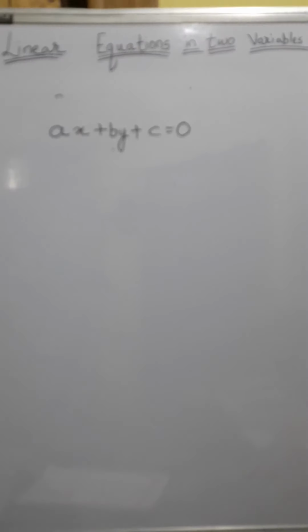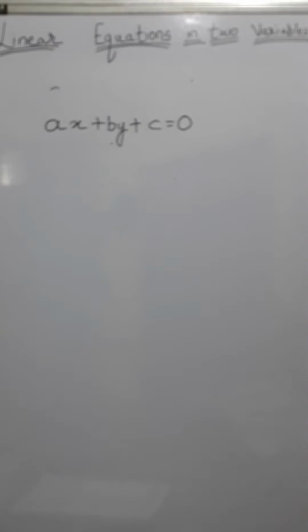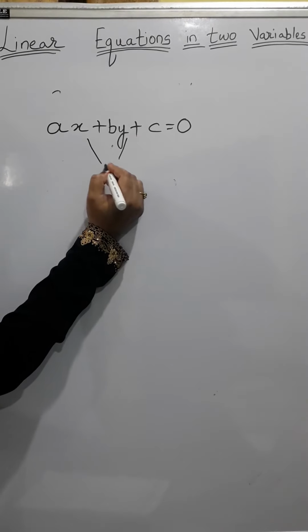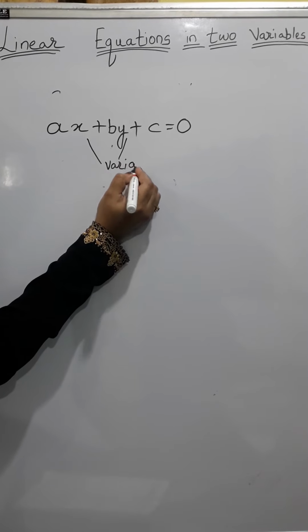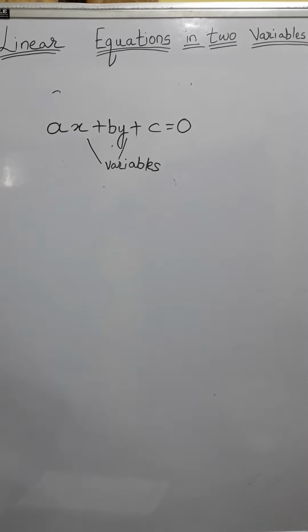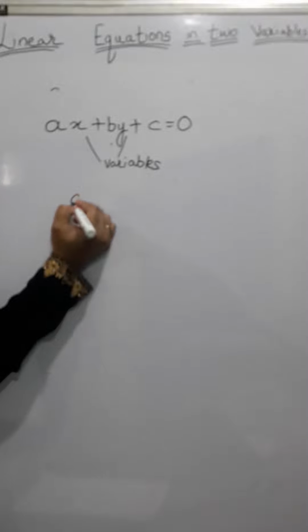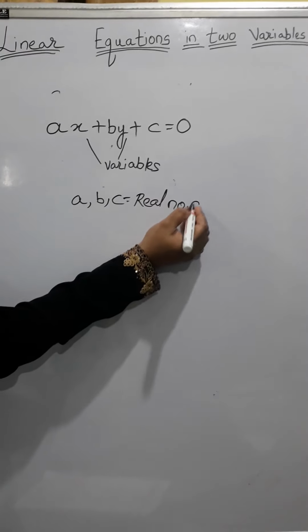This can be called an equation in two variables. Why? We have got two variables here, that is x and y, where a, b, c are real numbers.